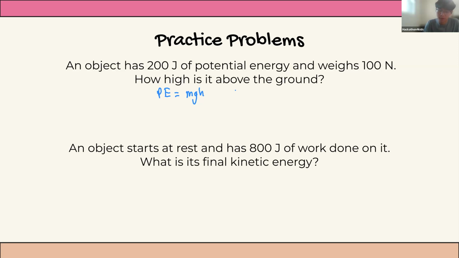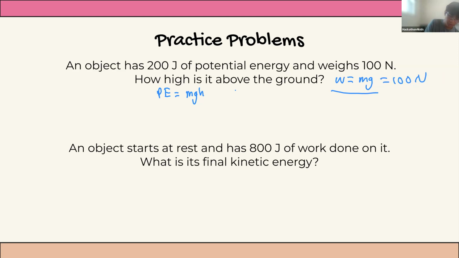You guys might remember that weight is mg. So this is the weight force. If you plug in 100 newtons for mass, or like 100 grams, you'll 100% get this wrong, okay? So we're given that this is 100 newtons. It's a little bit tricky.